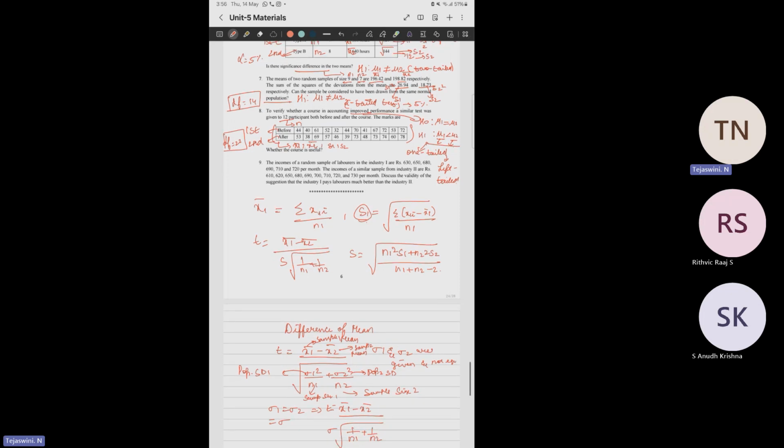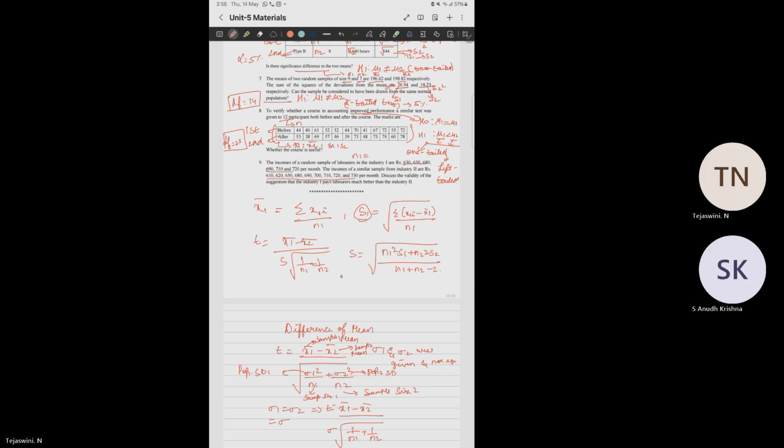Okay. So for the next question, the incomes are given for sample 1 and for sample 2. From this, we can find N1 and N2. That is, N1 here is the count of sample 1, and for sample 2, N2 is equal to 9.